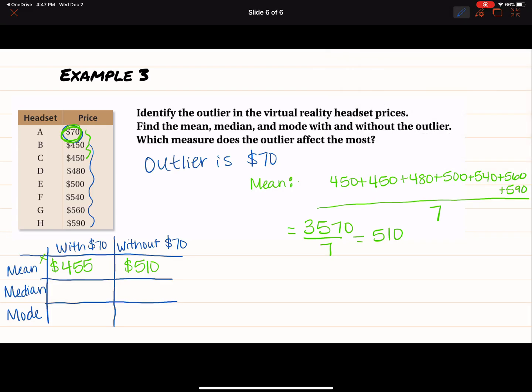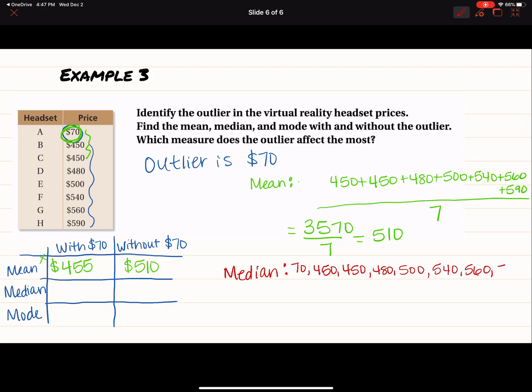Okay, let's look at the median now. So that was my middle value. So what I'm going to do is list these from least to greatest. They're actually already listed from least to greatest in that table. 70, 450, 450, 480, 500, 540, 560, 590.